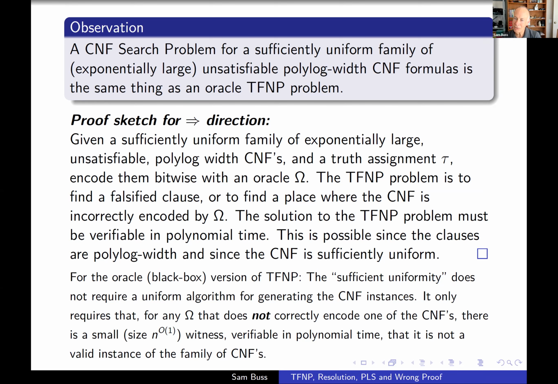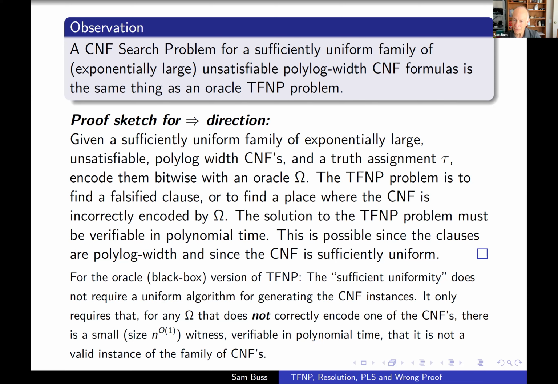As always, a solution to a TFNP problem must be verifiable in polynomial time, but given that the clause width is polylog, that means the same as little n to the O of 1, this is possible to do. If you're pointing to the clause, you can just look up the variable values, and if they're all false, then you know it's false.